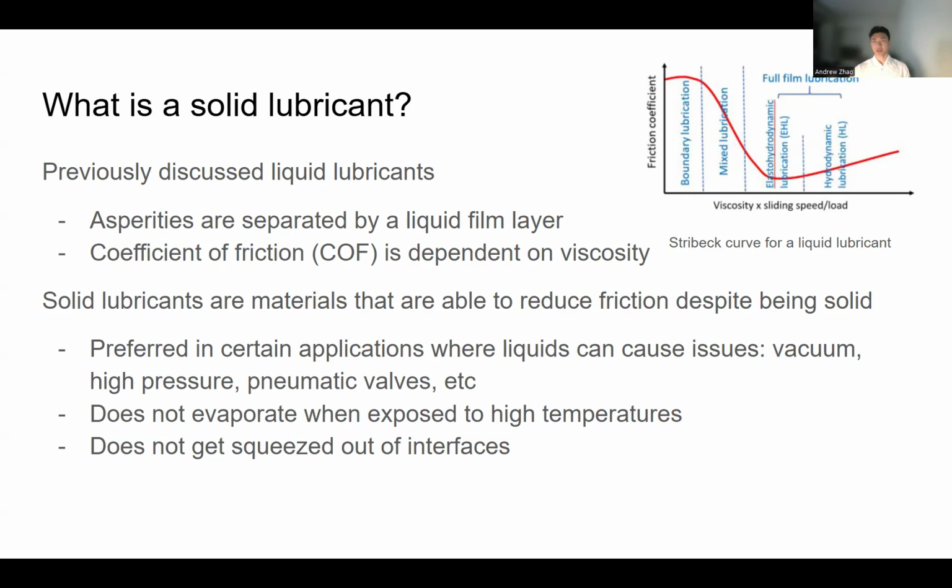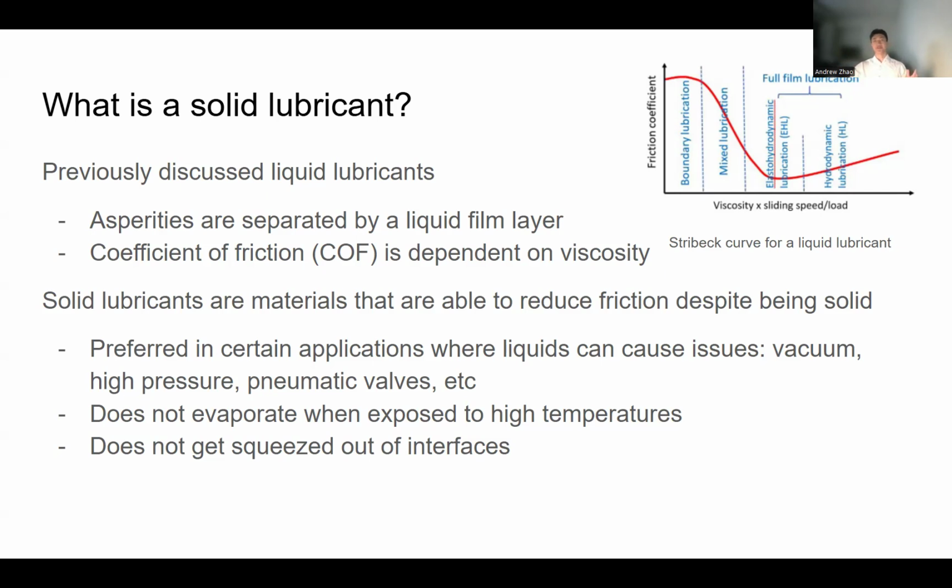So you can see here the Stribeck curve, which I've included up here in the top right corner. It shows the regimes of friction given the Hersey number, which is a function of viscosity, the sliding speed, and the load between the surfaces.